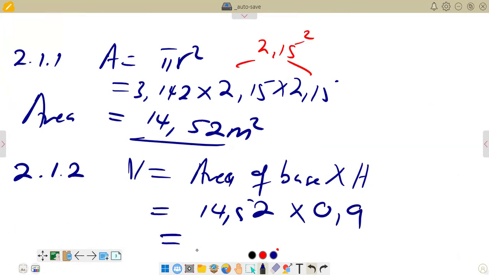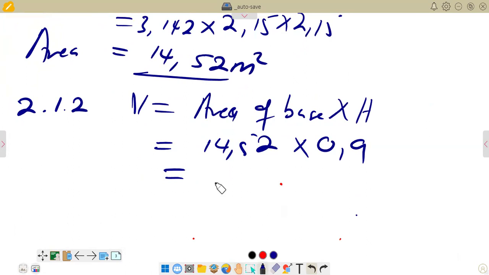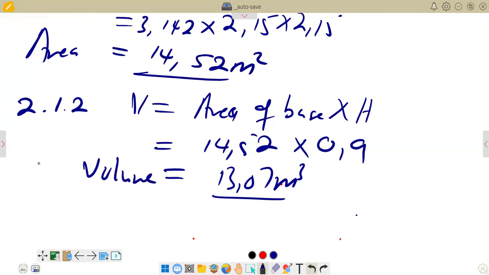Then we calculate this, and we see that the answer we are going to get is 13.07 cubic meters, which represents our volume. Remember the question is saying if it's greater than 5 cubic meters, it is going to be collected free of charge, which means there is enough sand to collect free of charge.